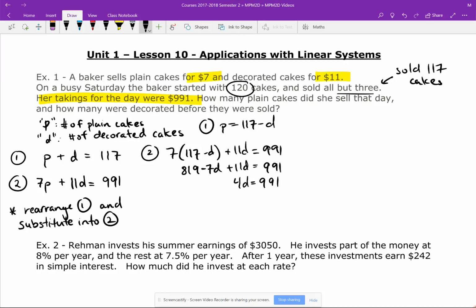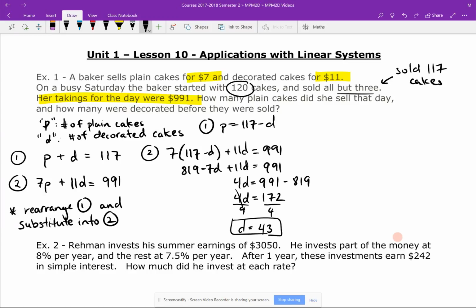If I subtract 819 on both sides, I'll have minus 819 on the right. Then I'm going to simplify the right side. So 4D equals, subtracting these two numbers, 172. And then if I divide both sides by 4, I'll get my answer for D. So D is equal to 172 divided by 4, which is 43.